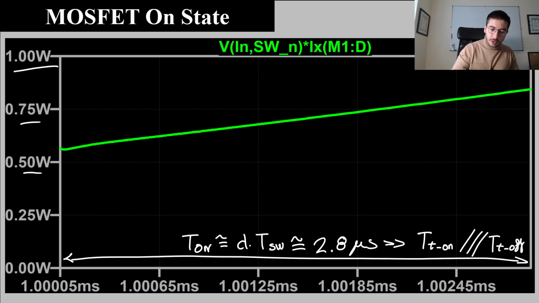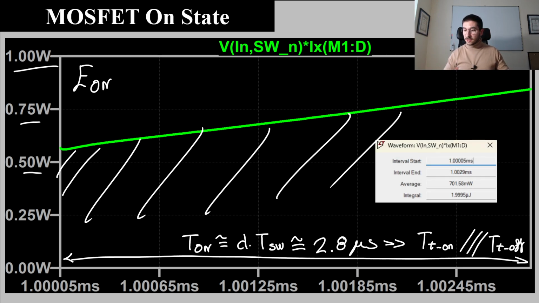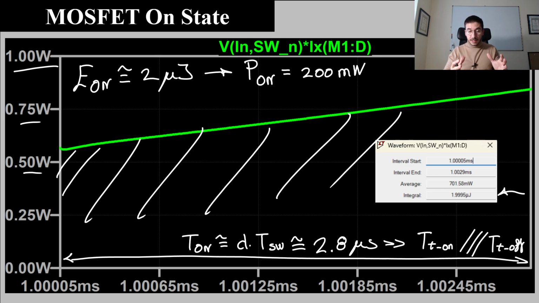At the end, what we want to evaluate is the energy related to the on state. So basically we have to evaluate this area. Again, we use LTspice, and we obtain the integral value. In this case it is close to 2 microjoules. With this, taking into account the switching frequency, we obtain the conduction losses, which is 200 milliwatts.